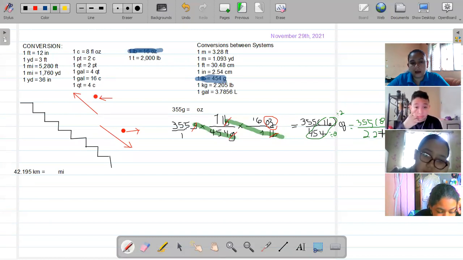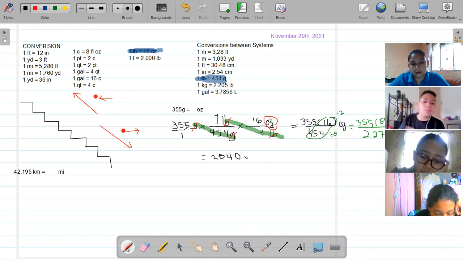Okay, now I get to multiply my numerators because I cannot simplify any further. So I need to multiply 355 times 8. You're going to do that procedure in your notebook, and it will give me 2,840 ounces over 227.